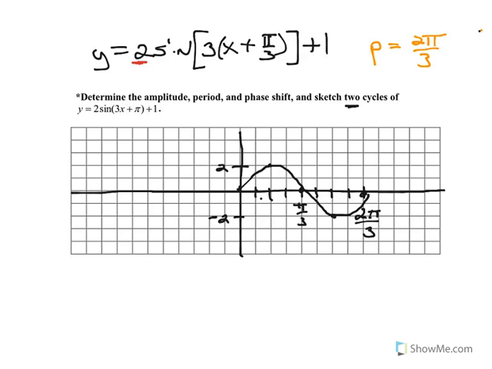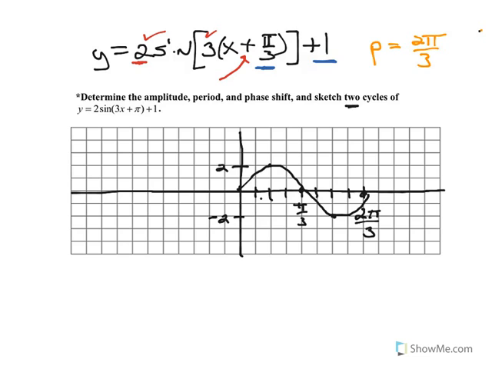So we have taken care of the amplitude. We have taken care of the period change. Now we just need to do the shifting, so we're going to have a c value, or a phase shift of pi over 3, and a d value of +1. So remember, the general form is always x minus c, so if you see a plus sign here, then it's going to be going backwards to the left, because your c is technically negative to get the negative negative to make the plus.